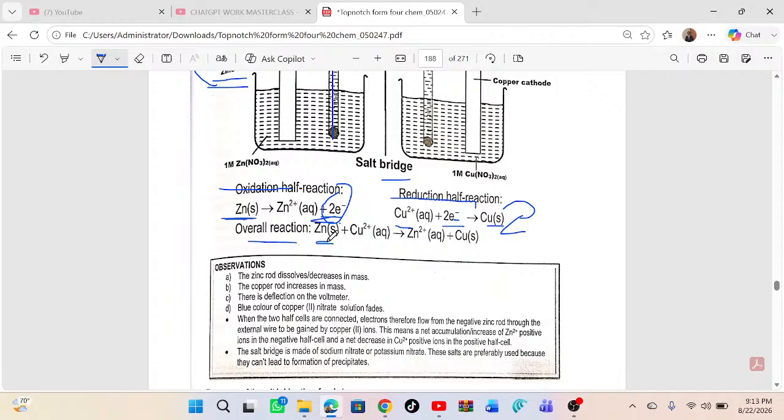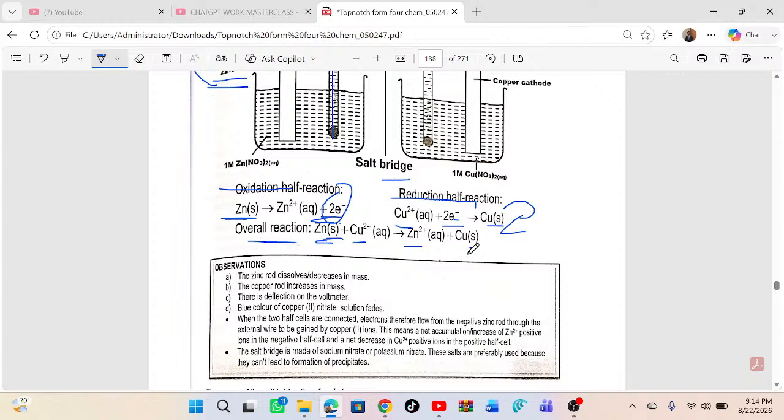We have zinc plus copper ion. It starts with zinc solid and ends with copper solid. So we have zinc solid plus copper ion, that's aqueous. It will give us zinc ion plus copper solid.